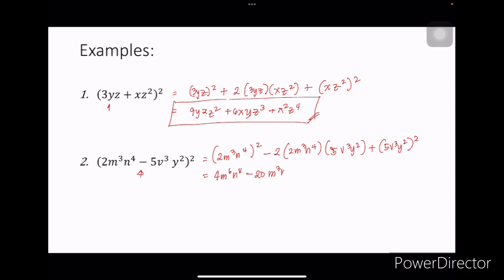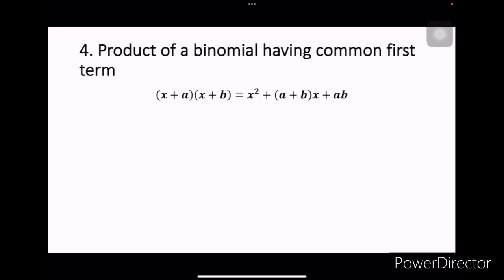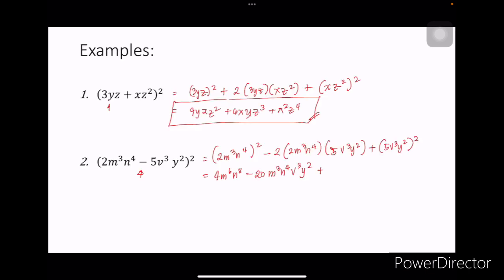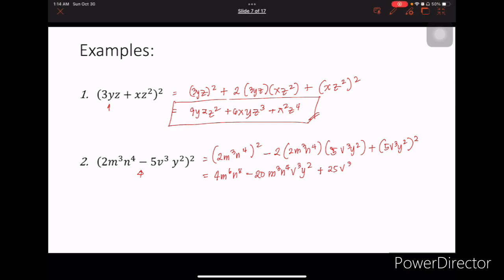Just simply copy everything. So m cubed n to the fourth, v raised to 3, y raised to 2, since we cannot combine anything from here on the middle term. Then square the last term, so you will have plus 25 v to the 6th, y to the fourth. This is now the final answer.